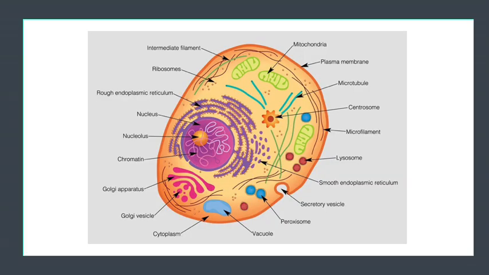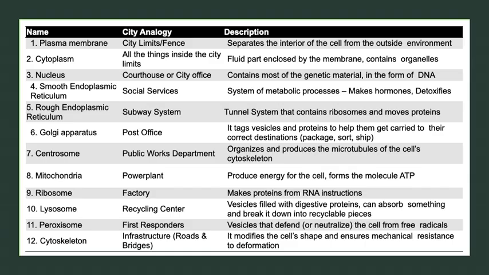Here's a picture of the slide and all of the parts of the cell that we are going to go through together. You have a bit of a different picture from your textbook than I have in the PowerPoint, but it's showing you the same structures. This slide is a nice overview with all of the names of the parts of the cells, their general descriptions, and then a lot of people use an analogy to help study the parts of the cell.